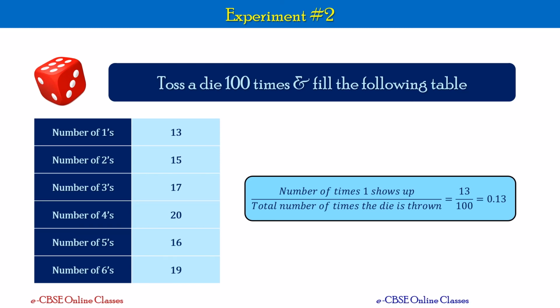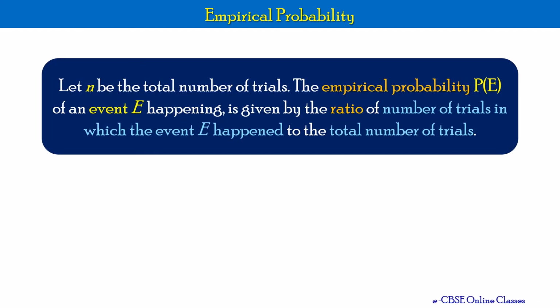So what are we doing? What are these ratios that we have been calculating in experiment number 1 and experiment number 2? Those are called empirical probabilities. The definition of empirical probability is: let's say there are n total trials, and the empirical probability P of E for an event E happening is given by the ratio of the number of trials in which the event E has happened to the total number of trials.